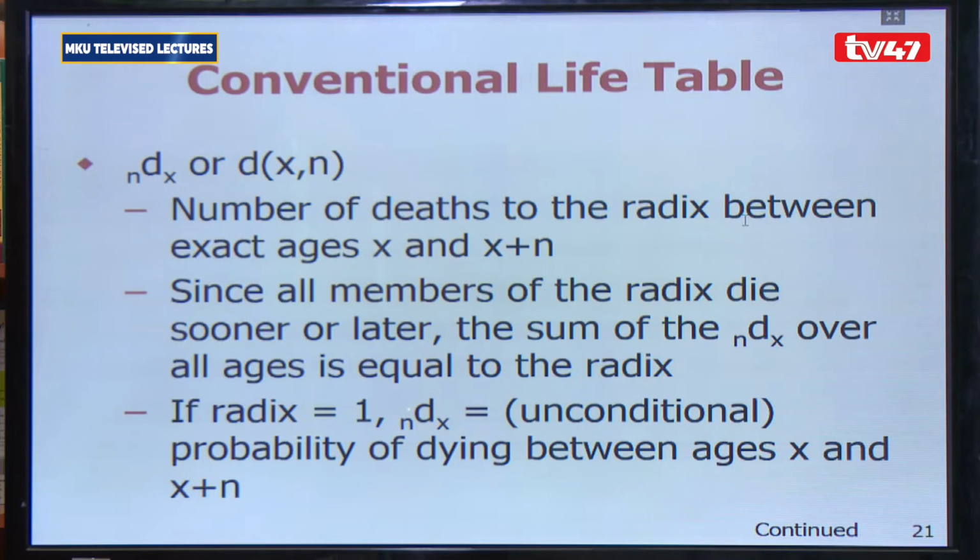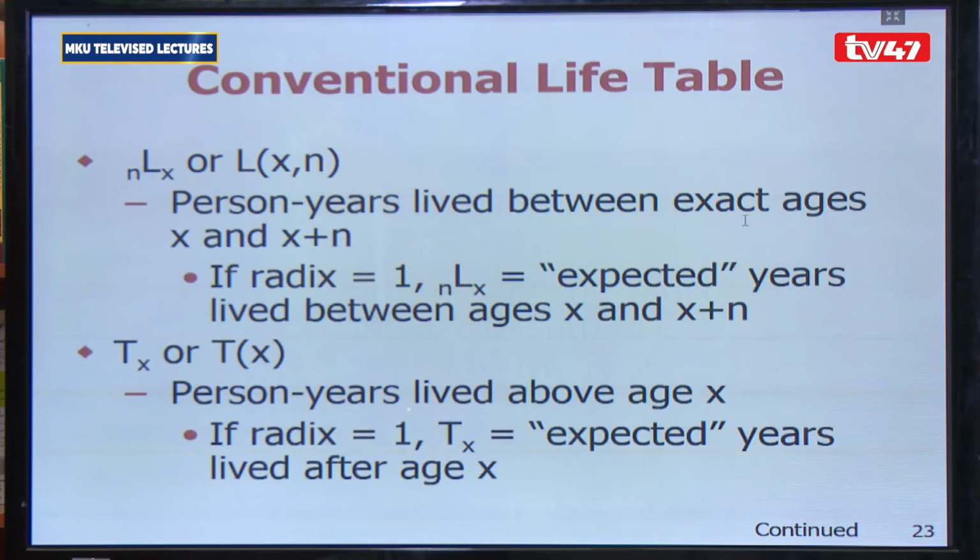Remember, when we talk of death, this is a certain event in future, and the chance that a life will die is 1. If this given population is observed over a given time, no one can live forever. The sum of the ndx will sum to the radix.